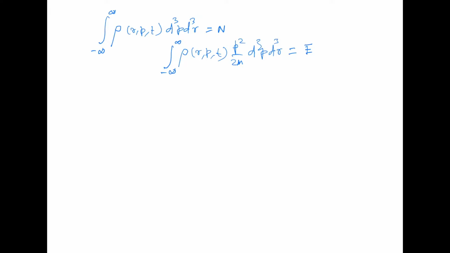Further, if the density of distribution is uniform, this means it will be independent of r. So for the distribution function, instead of a function of r, p and t, it will be a function of p and t. So this equation now will change.